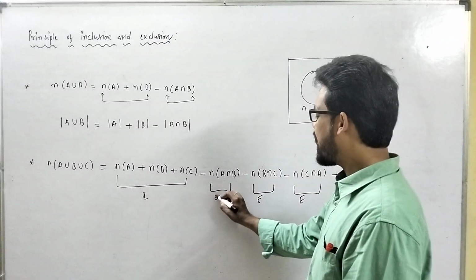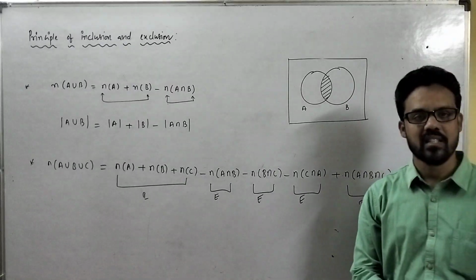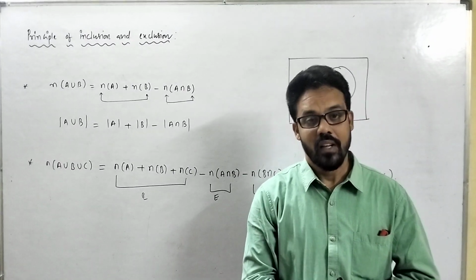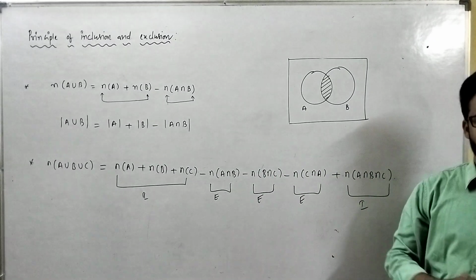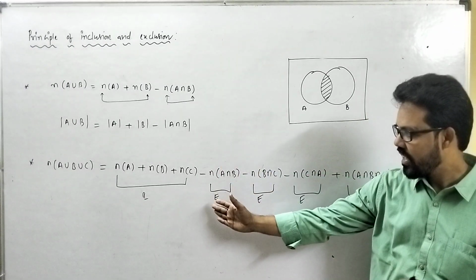Based on the Venn diagram also we can show this for 3 sets, say A, B and C.